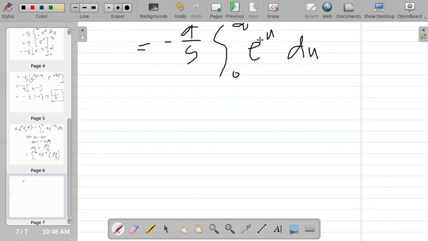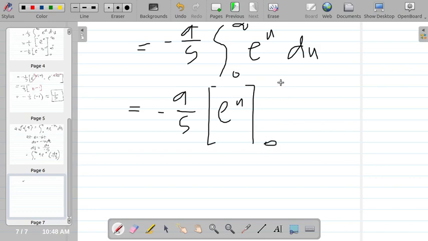The integral of e to the u du is just equal to e to the u. So we have 9 over negative s, then its limit is from 0 to infinity.